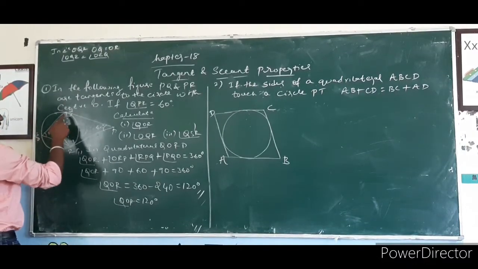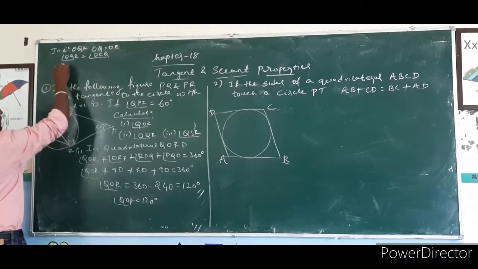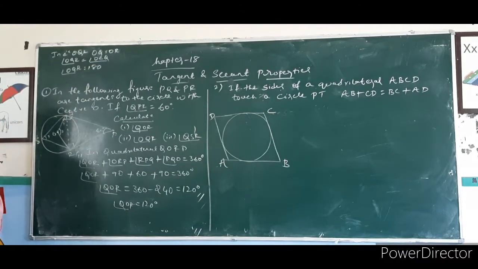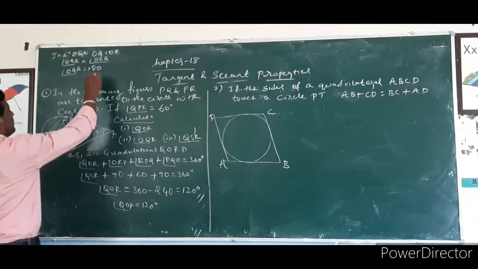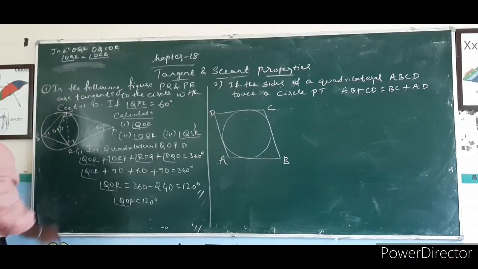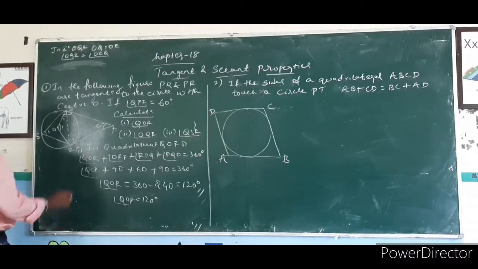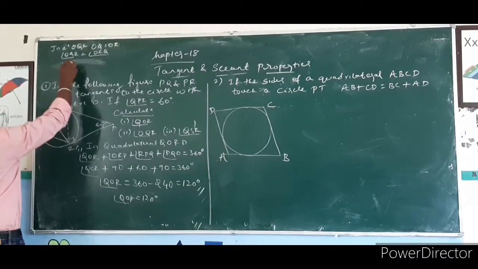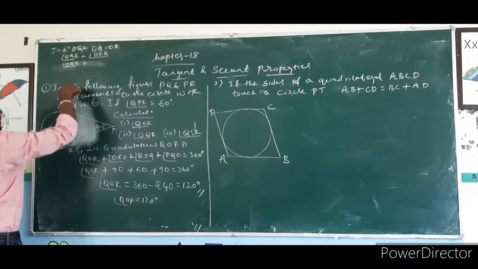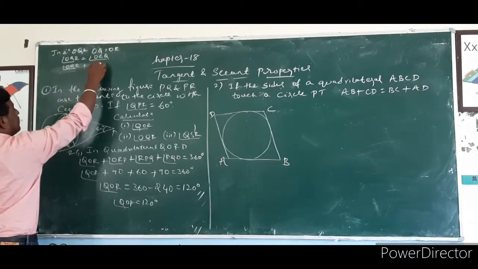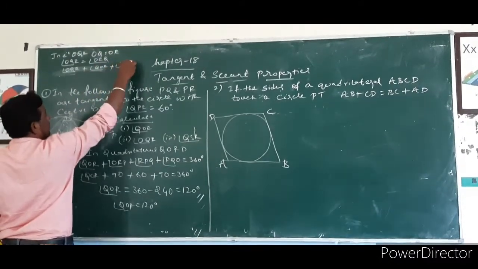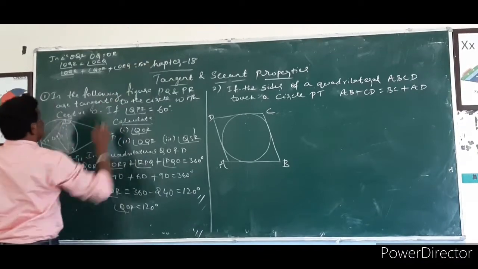If you want to find the angle OQR, apply the angle sum property of the interior angles: OQR plus QOR plus ORQ is equal to 180 degrees.